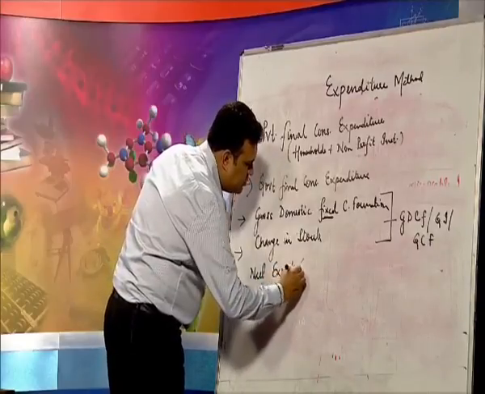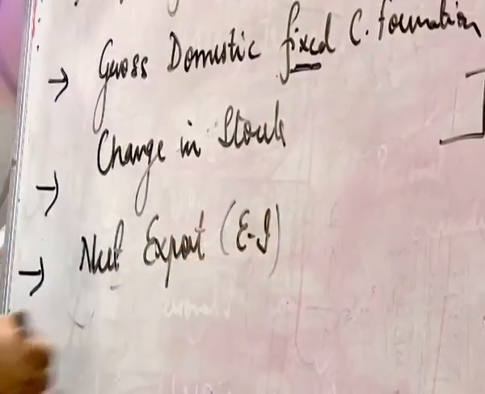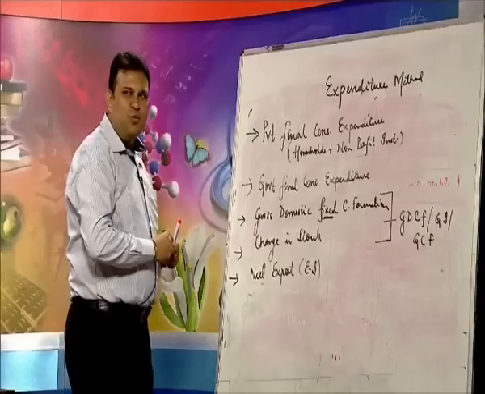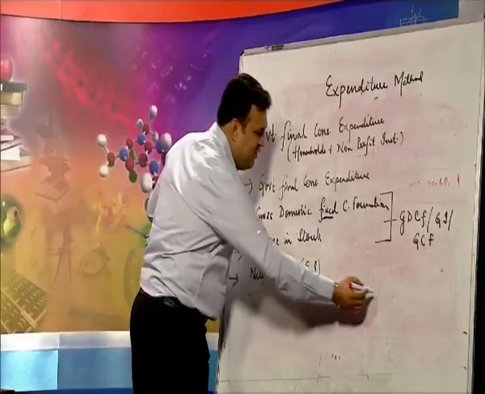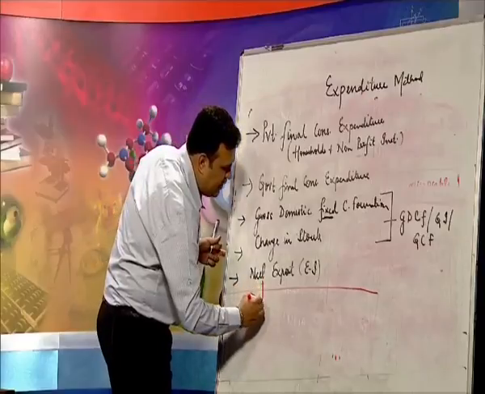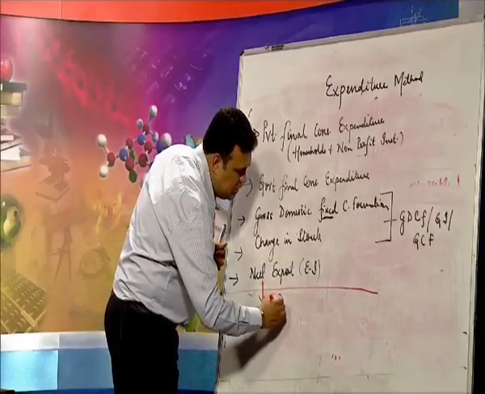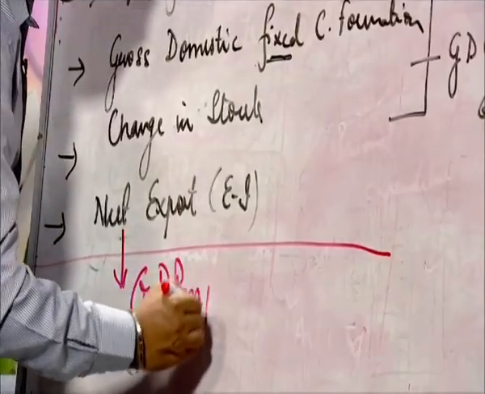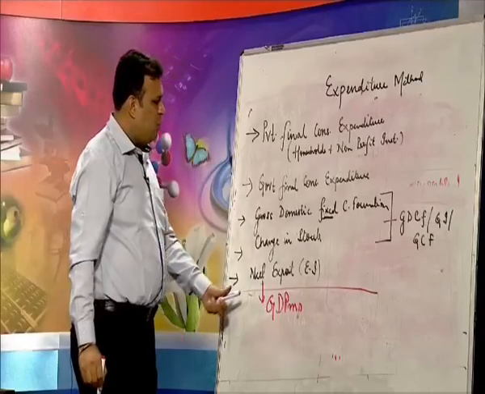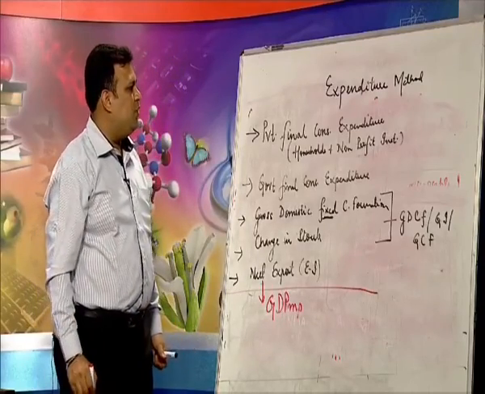Net export is export minus import. Very small method. So if we add all this, we will get the value of GDP at MP, because we all spend on GDP at MP only.